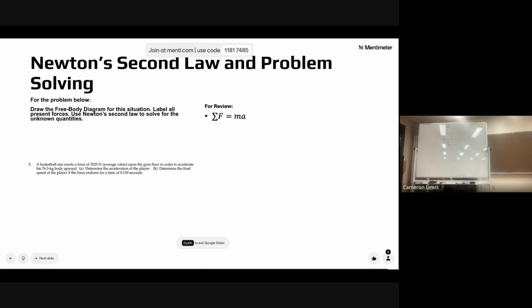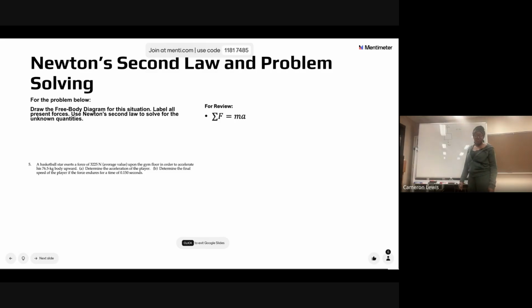So knowing that, because we have unbalanced forces, the sum of the forces is equal to what? Mass times acceleration. The sum of the forces is equal to M times A. Knowing that, what would be the sum of the forces?